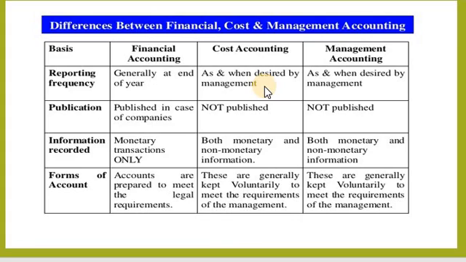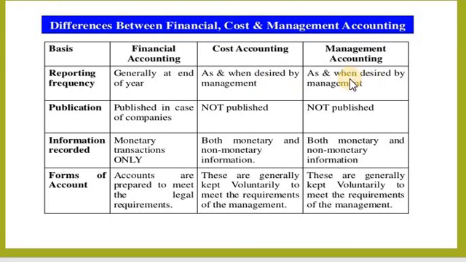If the management identifies any problem in their production cost, first they will ask the managers where the problem occurs, please identify. Then the cost accounting manager will identify the problem based on techniques and tools like standard costing or budgetary control, prepare a report and submit it to the management.